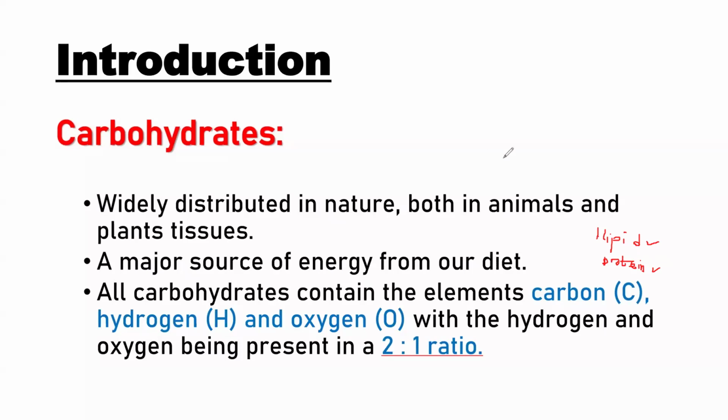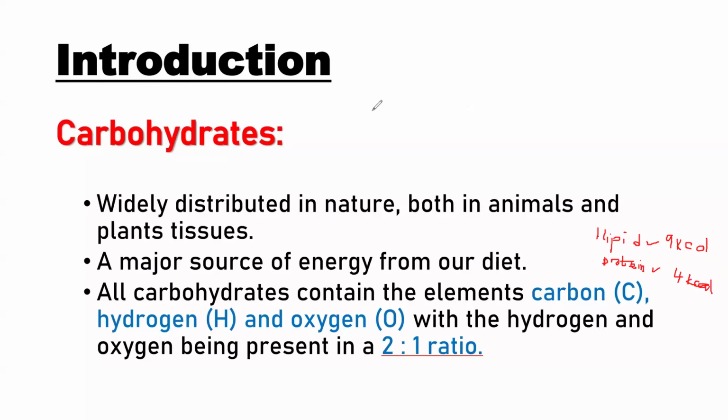For example, in the metabolism of lipids, one gram can produce up to 9 kilocalories of energy. So in 1 gram of lipid, we can produce 9 kilocalories of energy. While in the case of protein, it's only 4 kilocalories.